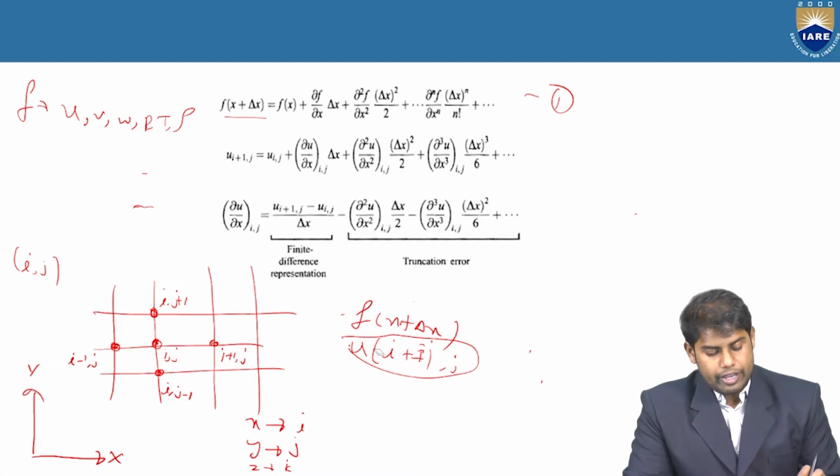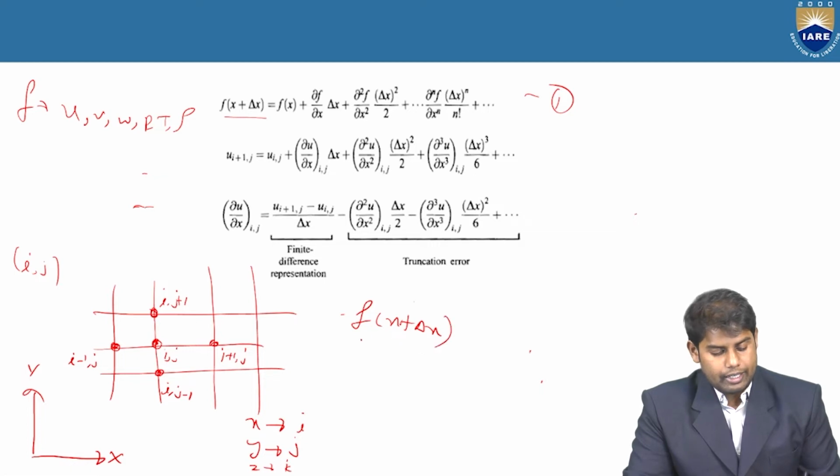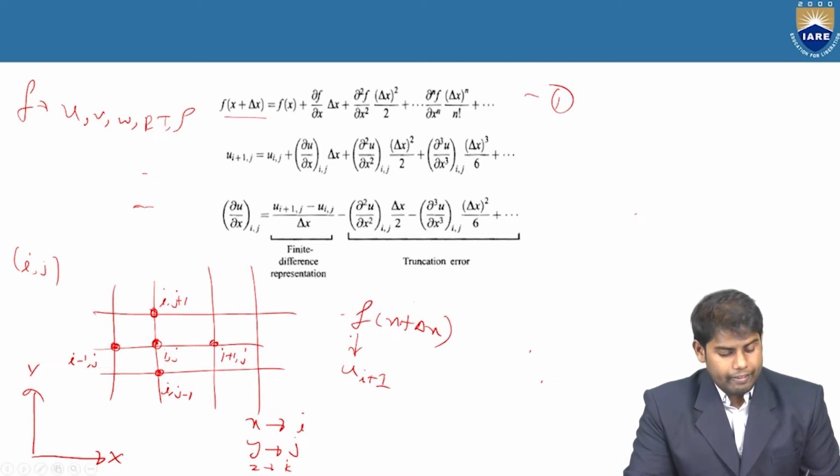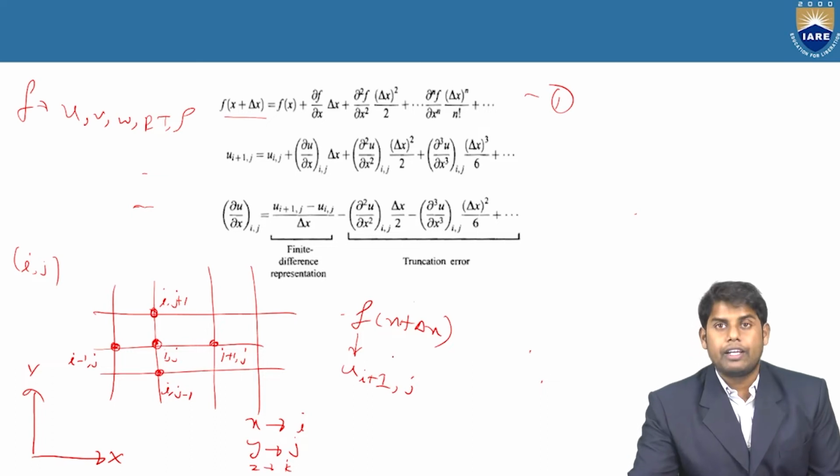So f of x plus delta x is written as u, x is written as i, plus delta x is written as 1, comma j. Since we are dealing with i plus 1 for a constant j, that's why we have j. Next, f of x is written as u of i comma j.